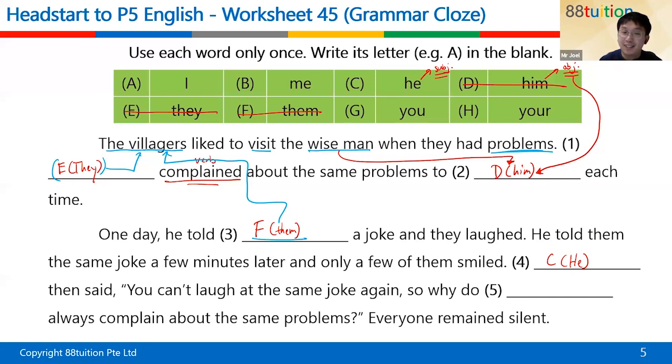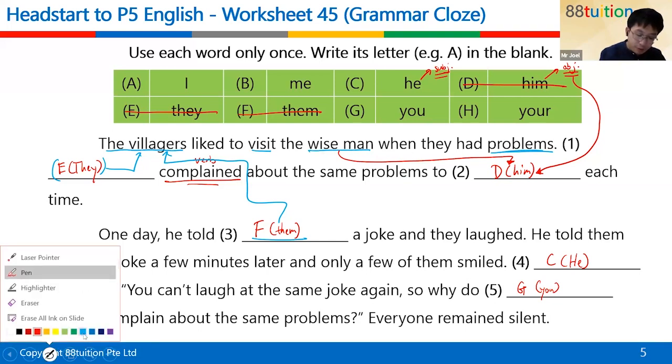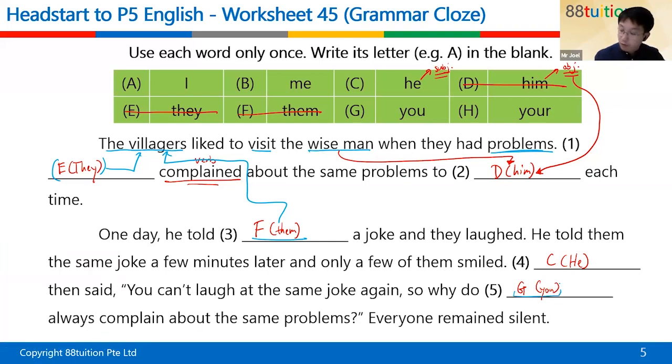Everyone remained silent. Louise, you're correct. Over here, it's supposed to be G. So why do you always complain about the same problems? "You" over here, of course, is referring to the few of them, or rather all of them.